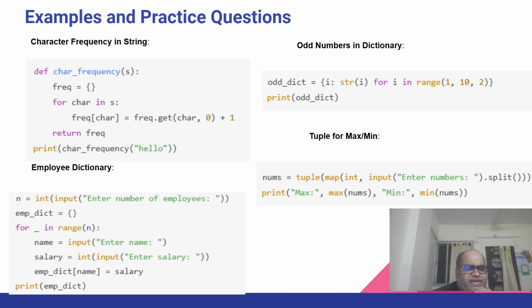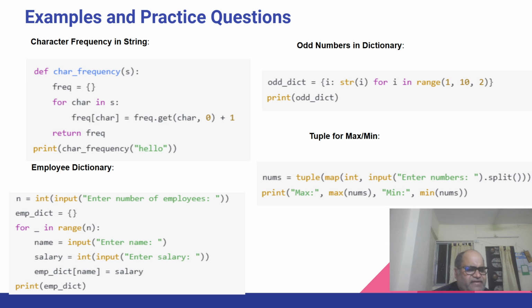So this is very important. If you simply say frequency.get character, then if it is not present, it can throw you an error. So by giving 0, if it is not present, it will give you value 0. So in that case, the initial value will start with 0, and you can add 1. So the first one will be added 1. And then once the loop is completed, you can return the frequency, right?